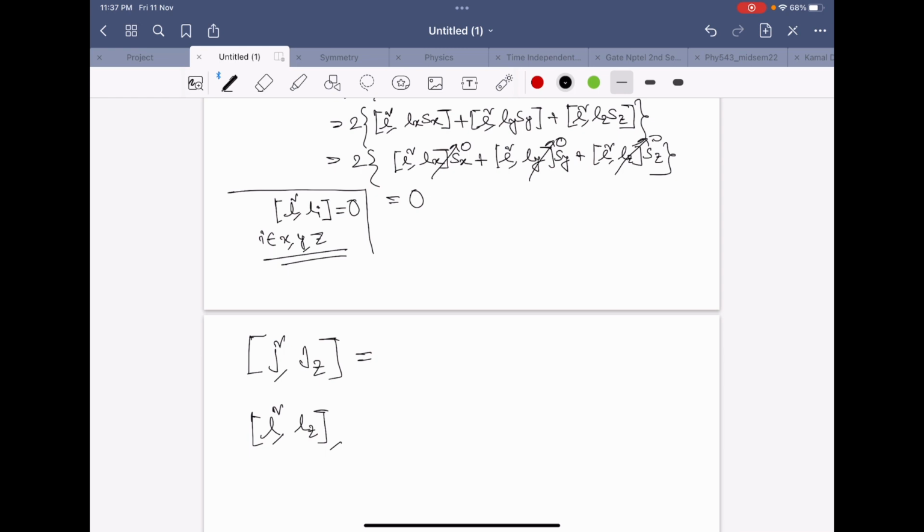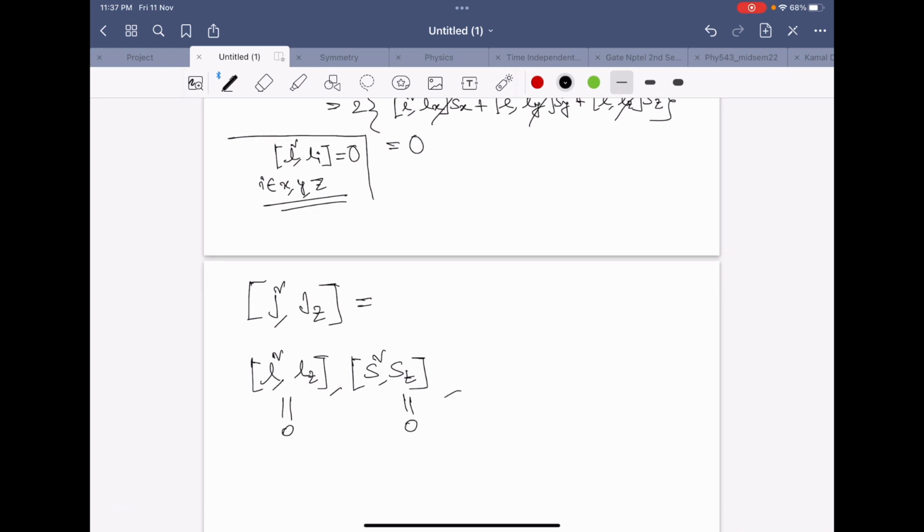Similarly, S square commutes with Sz. So this commutator is 0 and this commutator is also 0. And this applies to J square as well: J square with any component of J is 0. So J square with Jz is also equal to 0.